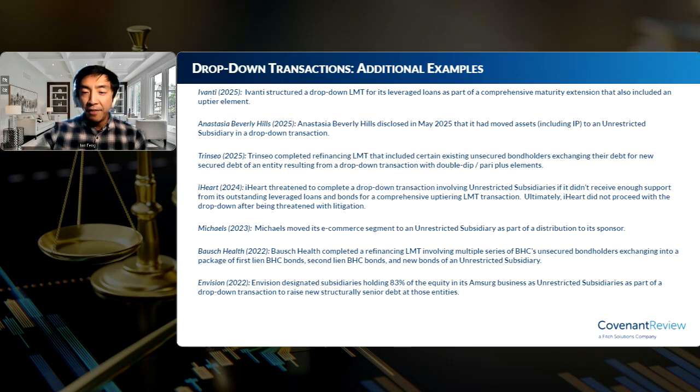Another question is, do you have an example of a deal where covenants were airtight in protecting against the dropdown, or will there always be a loophole somewhere in the docs? I'm a pretty cynical person, so I'm going to say there's always a loophole somewhere. That said, there are documents that are more protective than others. It's usually more of a spectrum than a yes or no, especially on post-LME documents, after the LME has happened.